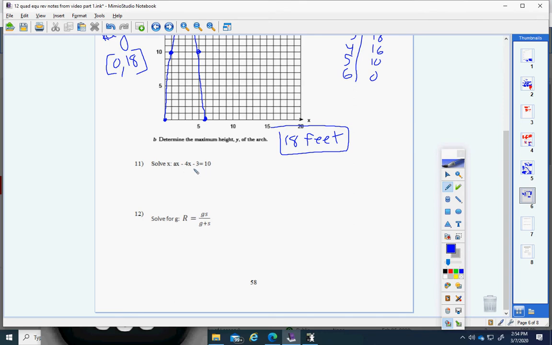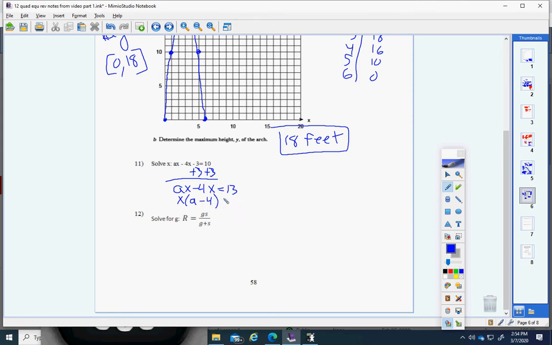So I got to get x by itself, so let's add 3 to both sides. And you're left with ax minus 4x equals 13. I can't combine these though, and I'm trying to solve for x. So we learned that you can undistribute, and that was back in September. And now, undistributing, we've actually been calling factoring.